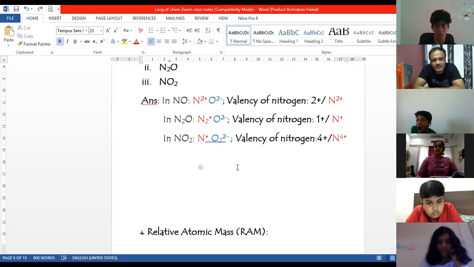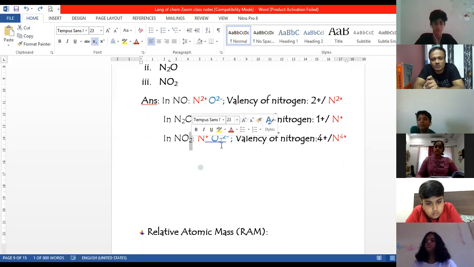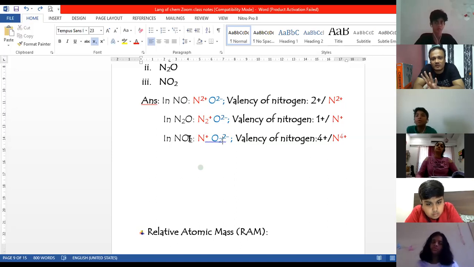Similarly, in nitrogen dioxide, oxide again has the same valency, 2 minus, but that 2 minus is for one oxygen atom, and we have two oxygen atoms over here, O2. So 2 oxygen atoms will give you 2 into 2, that is 4. Minus 4 will be the total valency of oxygen in nitrogen dioxide.